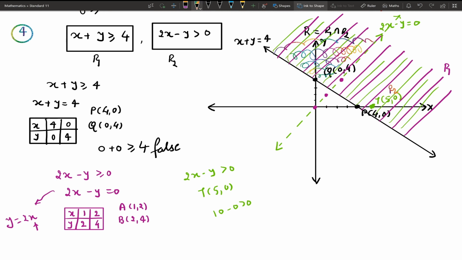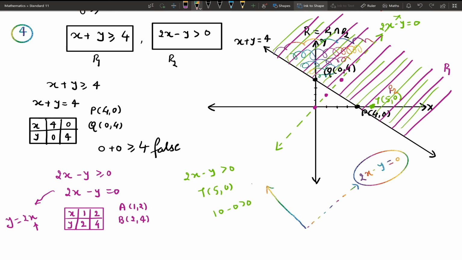Separately, if we denote this as 2x minus y equal to 0, then we have to draw a continuous line, but it is only for understanding. Equal to 0 actually indicates a straight line, but here we have denoted a dotted portion due to the strict inequality.